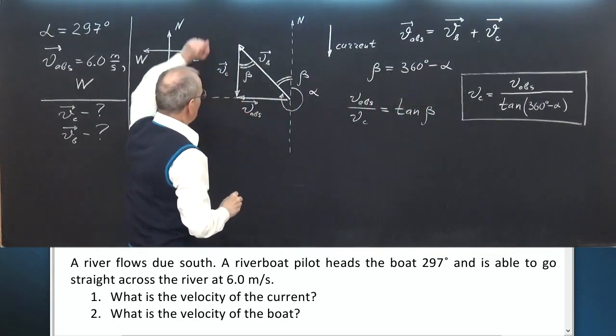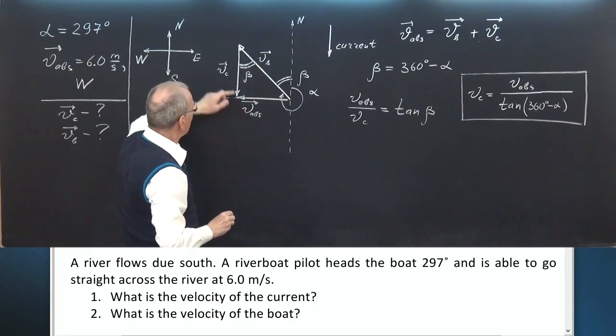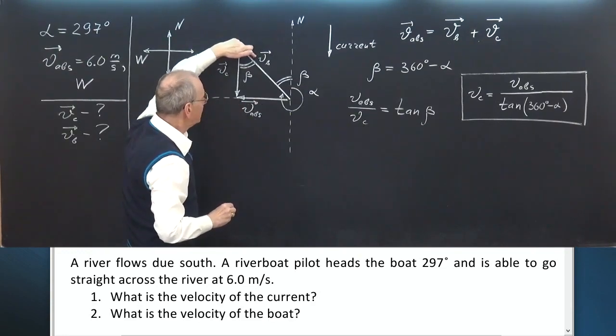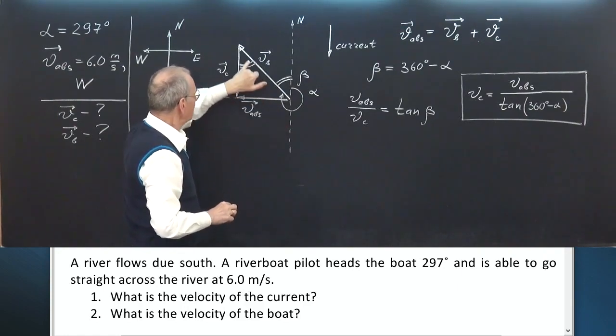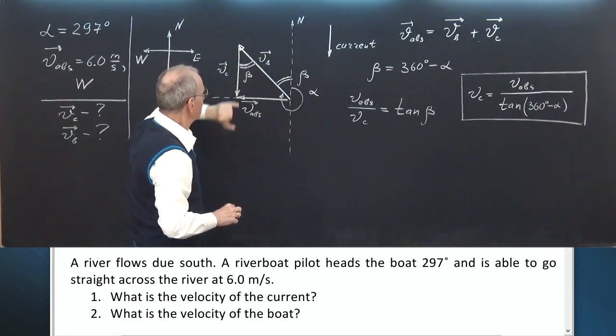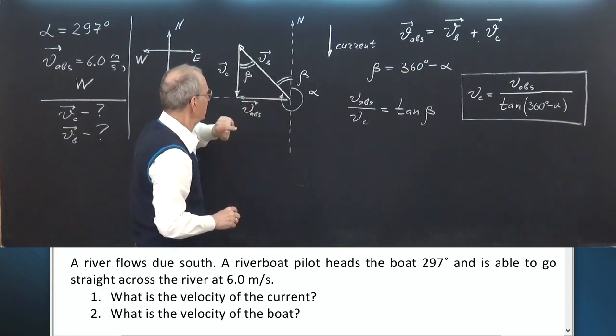Now, V absolute divided by V boat is opposite leg of right triangle divided by hypotenuse.